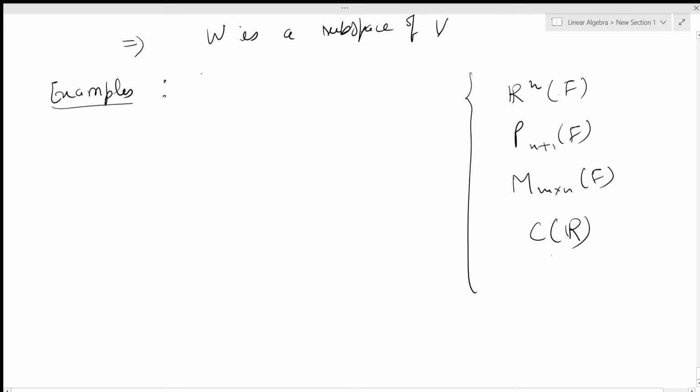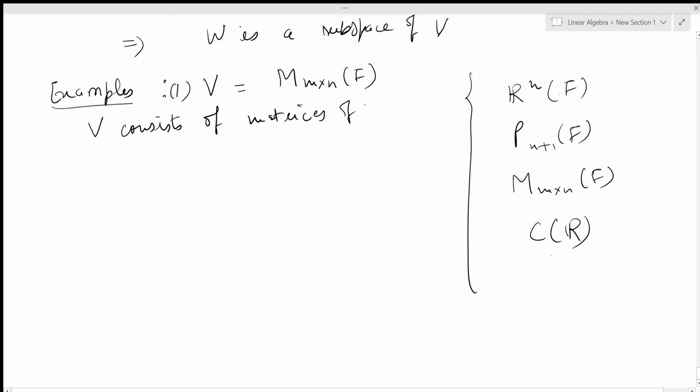For the first example, take the vector space V as the set of matrices over F whose order is M cross N. So V is a vector space consisting of matrices of order M cross N whose entries are from F. Now let W be a subset, and you have to prove W is a subspace.